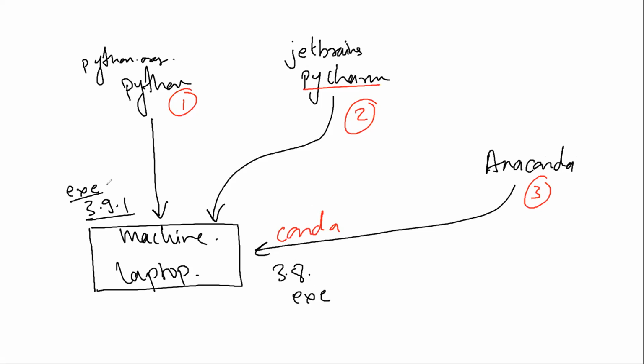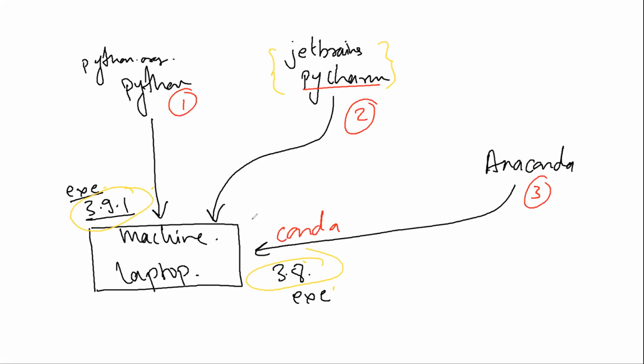It will ask whether to read from this executable or this executable. When we work with PyCharm, I will show you how to change the executable there. PyCharm does not have its own executable; it will use what is available in the machine, and the machine has both. It will give you a drop down there, so do not worry about that. When we start working with PyCharm, I'll show you how you can switch from this to this.